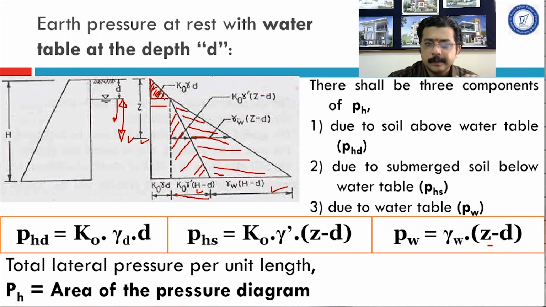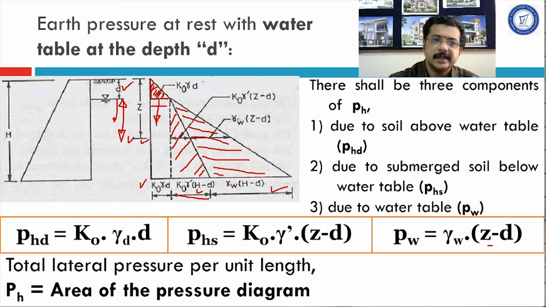Now this portion would be taken as surcharge or additional force which is acting on the soil above the water table. So it will be taken as it is to the bottom. This rectangular portion would be the second portion for which the area is to be calculated. How much will be the area? This is the width, K0 into gamma multiplied by D. What is D?